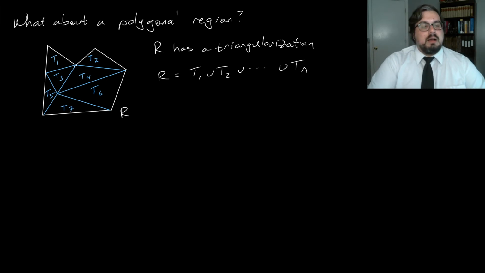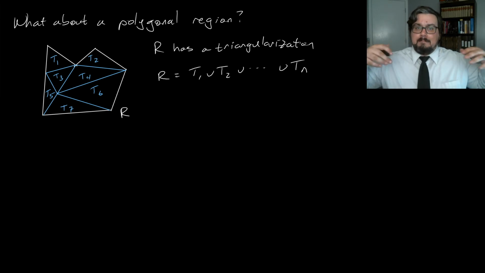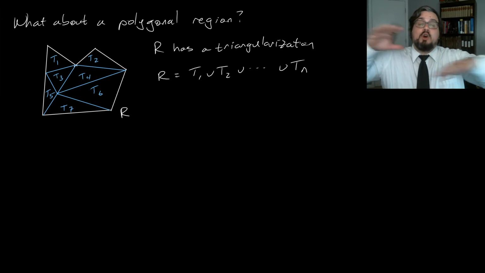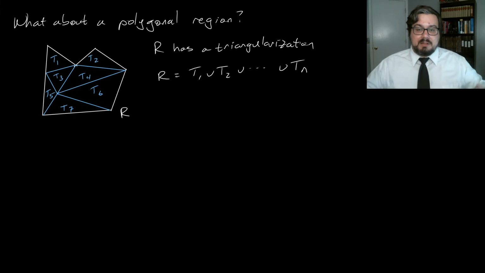So we know that what we want out of our area function is for the area of a region, or if I've got 2 regions that don't overlap each other, maybe they meet each other at edges and vertices, but they don't overlap, then the area of the whole should be the sum of the areas.